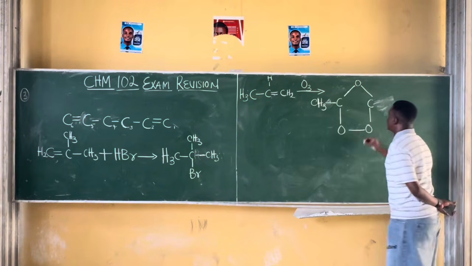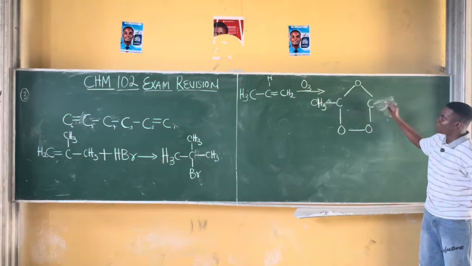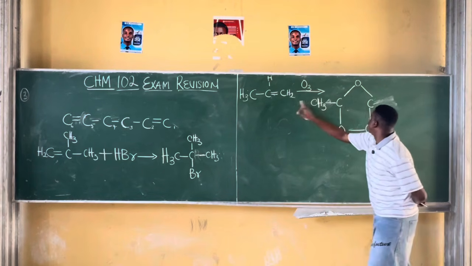All right. So this is the first step of the ozonolysis. So the first step is the formation of what? Ozonide. Now, around this double bond is where this thing is occurring.